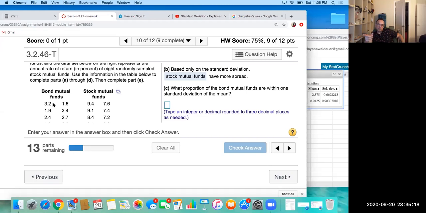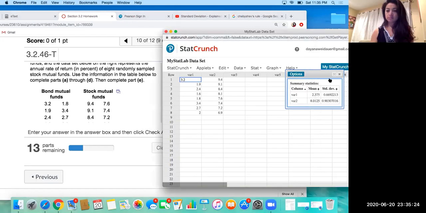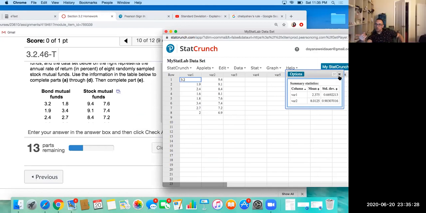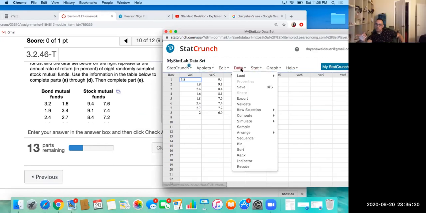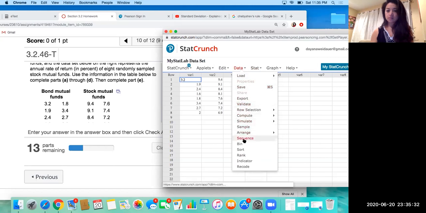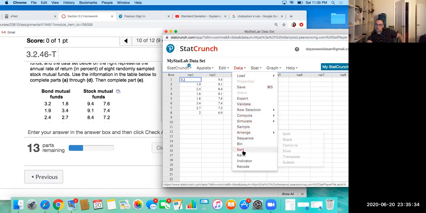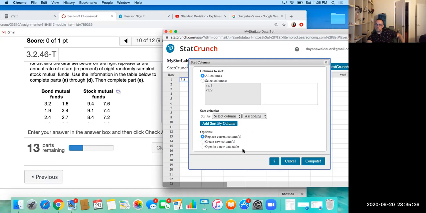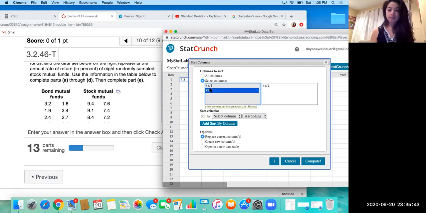So go to the StatCrunch again. Oh, this one? Yeah, go over there. No, go to data and then sort. Okay, so data sort. And then variable 1 and 2, maybe do them both.